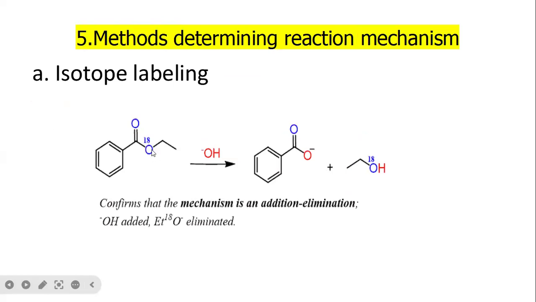See, this oxygen is labeled in water with atomic weight 18 of oxygen, and when this oxygen is found in the alcohol, it confirms the mechanism: in addition-elimination, the added oxygen-18 is eliminated.